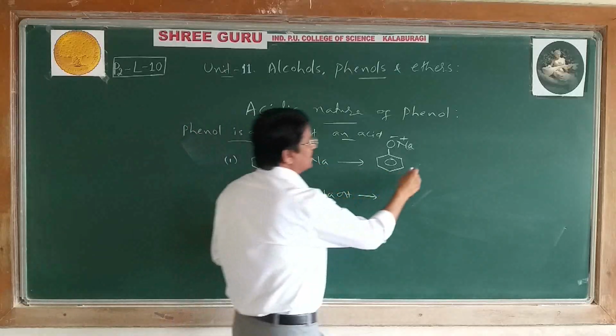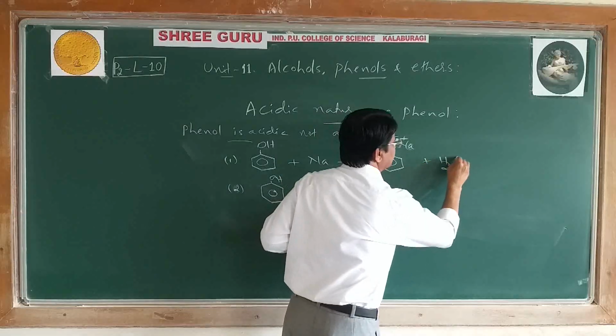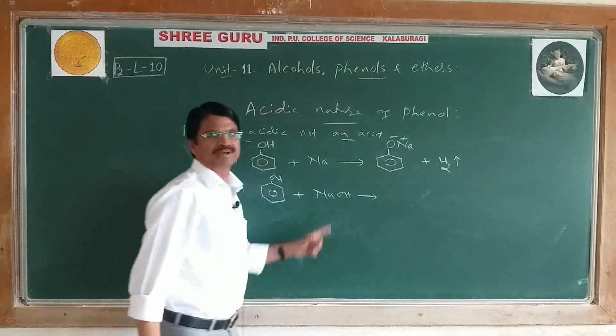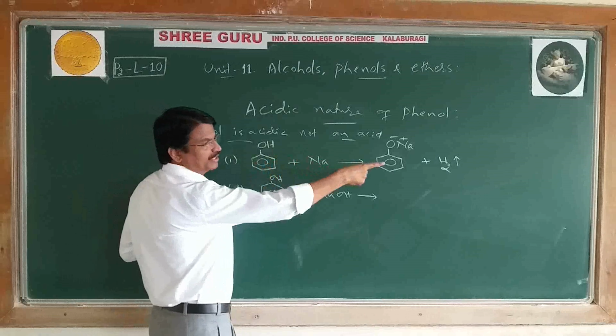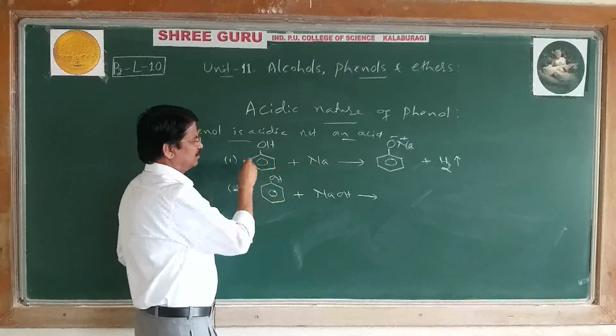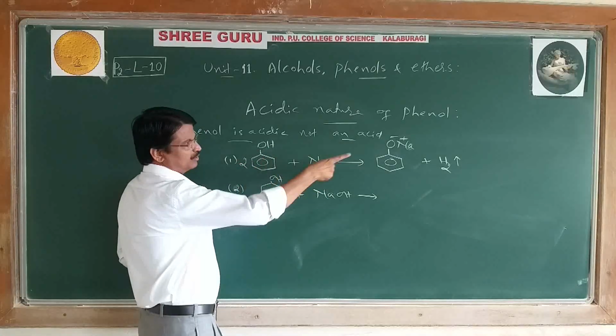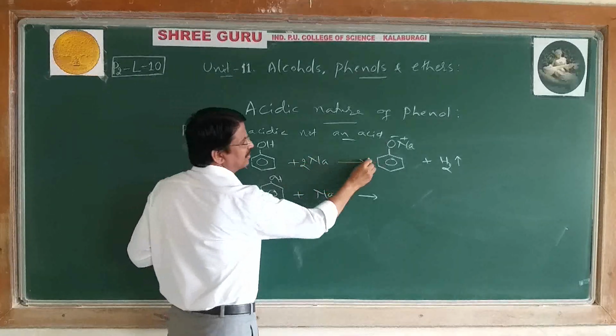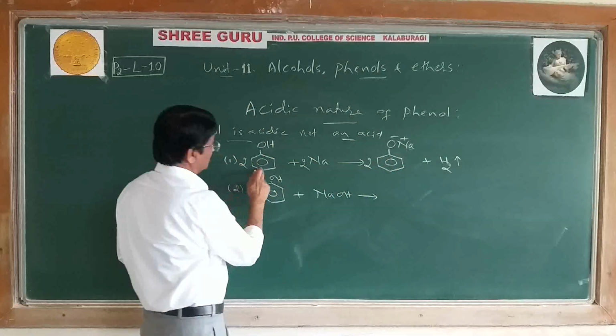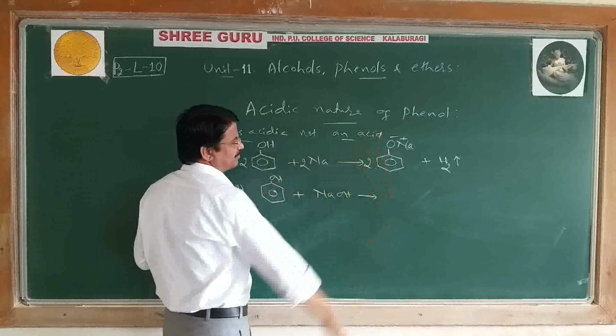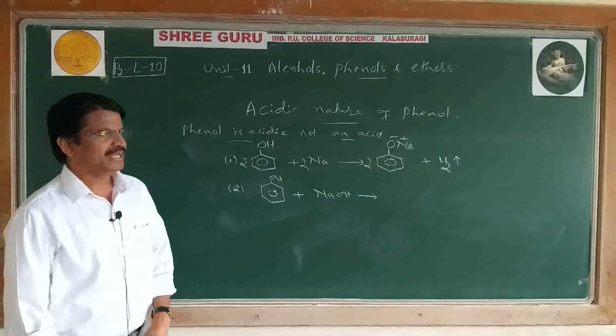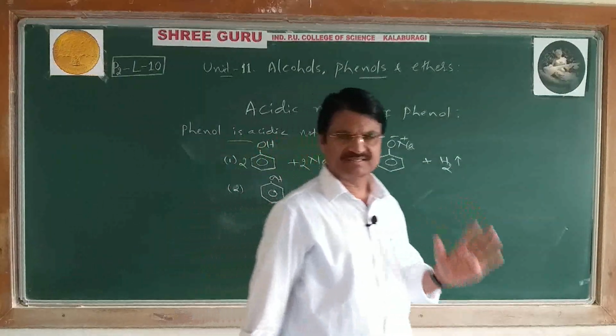Then this H goes out as hydrogen. Now balance the equation. Here 1 H, there 2 H, therefore multiply through by 2. 2 H, 2 H; 2 Na, 2 Na; 2 ring, 2 ring; 2 O, 2 O.